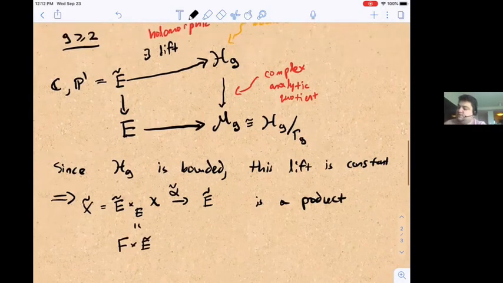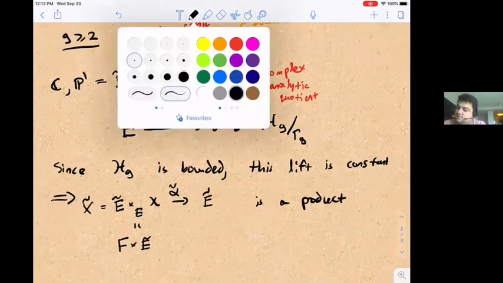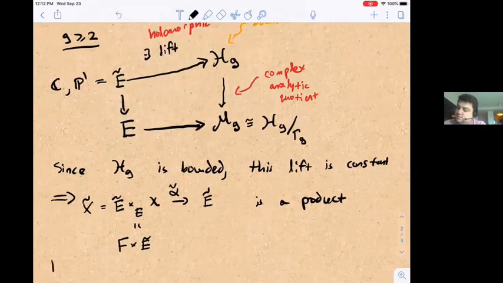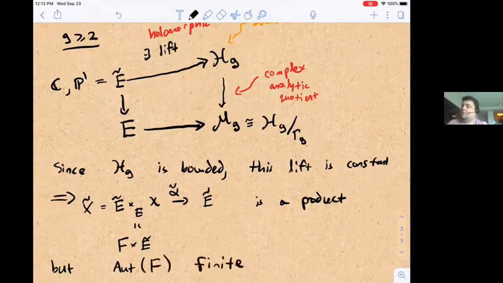But then we use that the automorphism group of a genus 2 curve is finite. And then by understanding the Galois correspondence between covering spaces, we get that actually we just need to go to a finite cover to get a product.